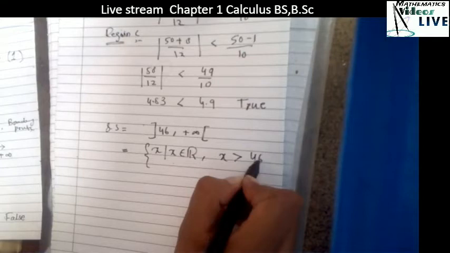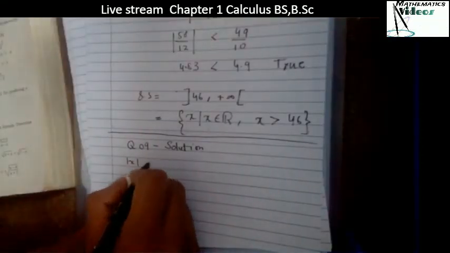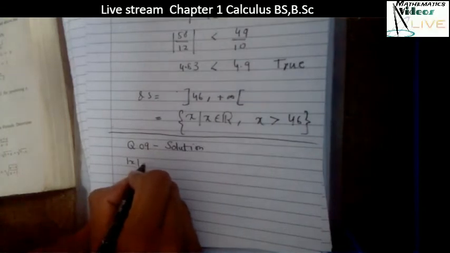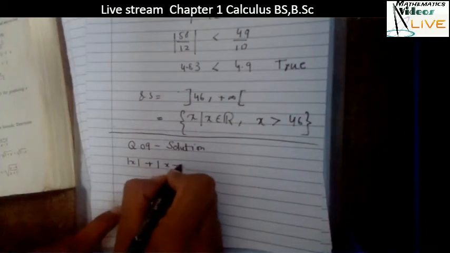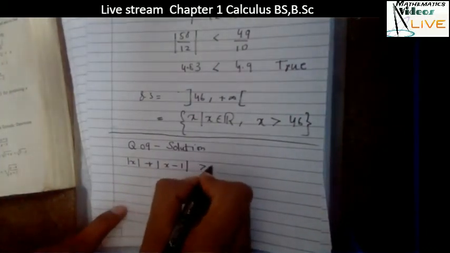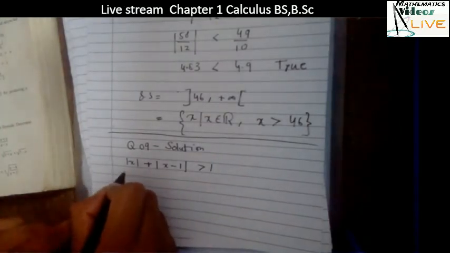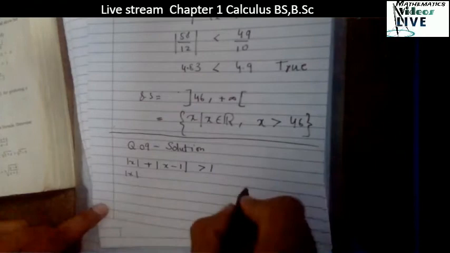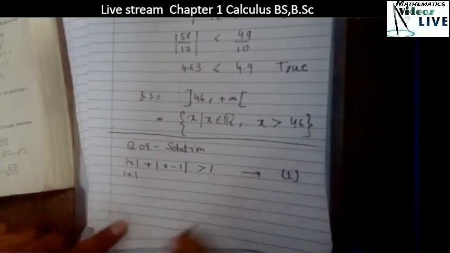Note that 46 cannot be included in the solution, therefore the interval is open from here, and positive infinity is also not a real number, so the interval is kept open from here. I think it was quite clear to you. This solution can also be written as every x that is a member of the real numbers where x is greater than 46.